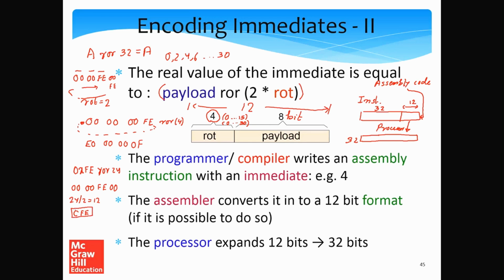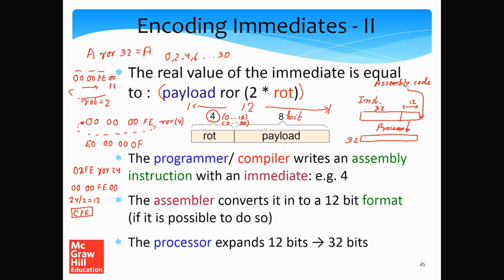So as we can see, the notion of immediates is slightly tricky in ARM. It is actually not very simple. But in any case, it is definitely possible to encode a lot of numbers with this. So the first thing is that when the programmer or the compiler writes an assembly instruction with an immediate, for example, let's say 4, the job of the assembler is to convert it to a 12-bit format if it is possible to do so.